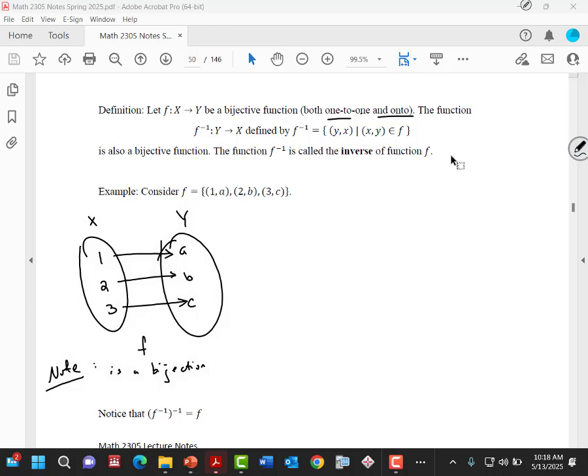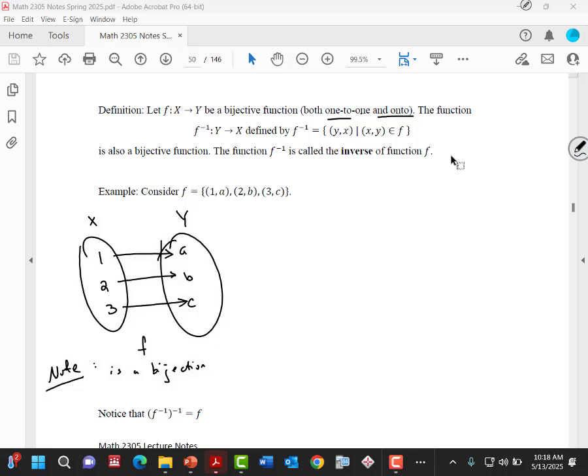If it's not a bijection, then that makes things very tricky when I talk about inverses. That's why we require f to be both 1-to-1 and onto.